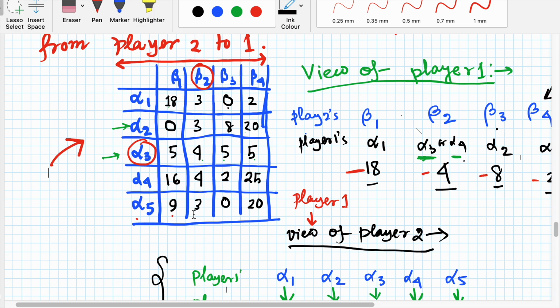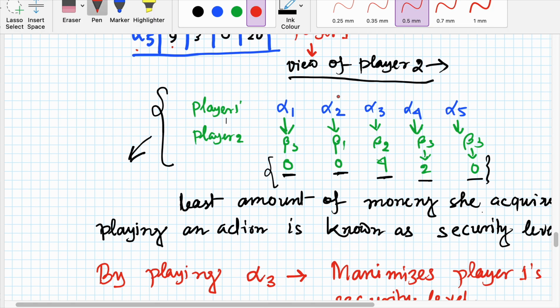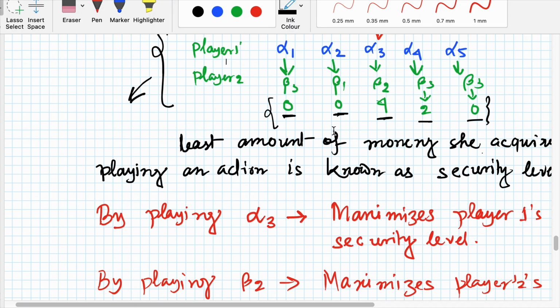From that point of view, if player 1 sees the game from the viewpoint of player 2, there is a certain action available for player 1 which maximizes the security level of player 1. So that is called the maximization of security level.